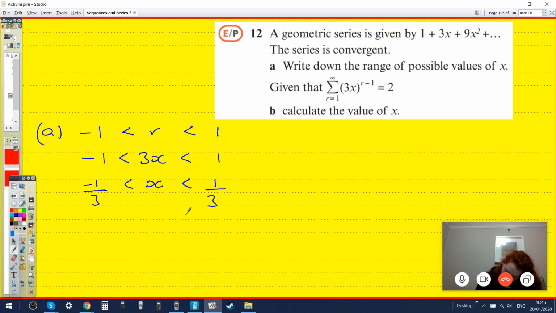Does that mean 1/3 is bigger than x? Yeah. Do you know how to write it in magnitude? Would it be in modulus brackets? So the lines outside of it. So I'd write it as x is less than the magnitude of 1/3. Yeah. That's it. And how would you do B?